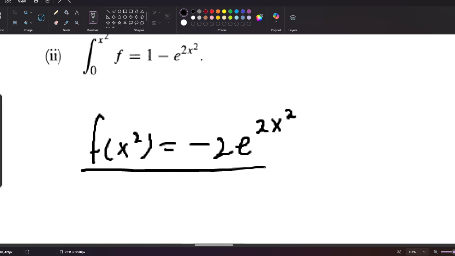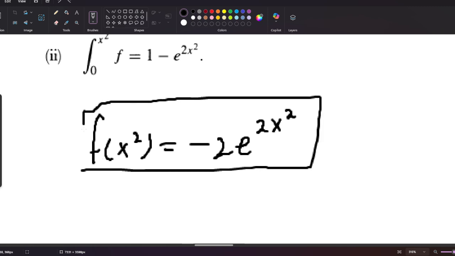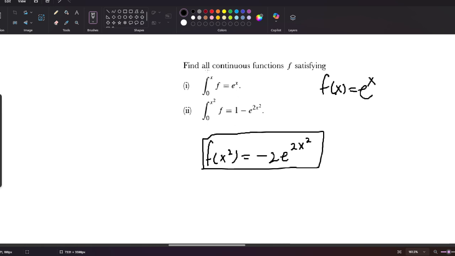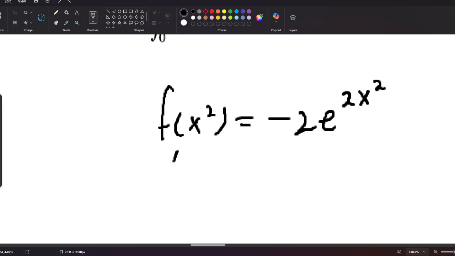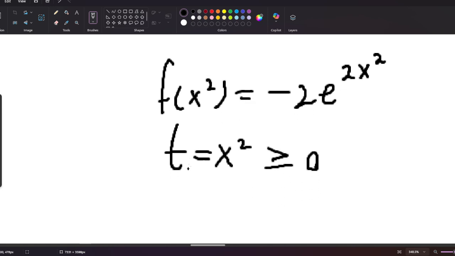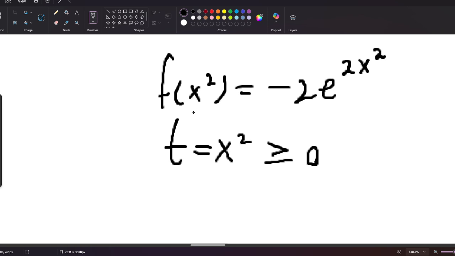Now, this definition of the function over here defines it only for the positive values. So for the negative values, the only condition is that it has to be continuous. Let's say we have some number t equals x squared, greater than or equal to 0 for obvious reasons, because we're working with real-valued functions.